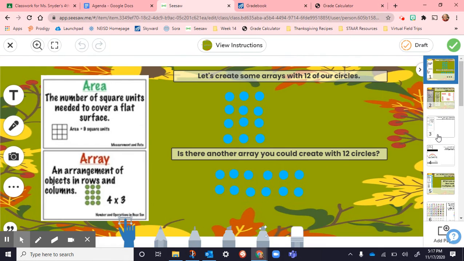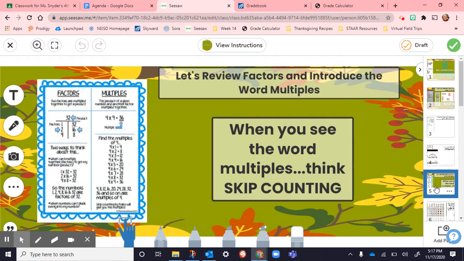All right, so for math today, we started on page 5.